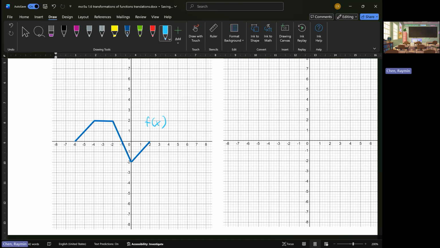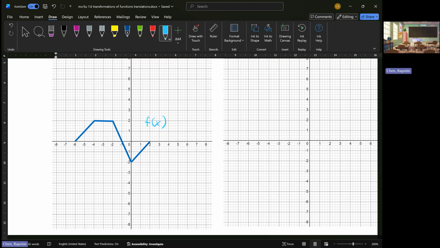Now, what we're going to be doing is taking this blue function and transforming it. This transformation is so easy, and I wish I was there with you. You learned this in grade 10 when we described the quadratic or the parent function. Recall, in grade 10, we talked about y equals a(x minus p) squared plus q.